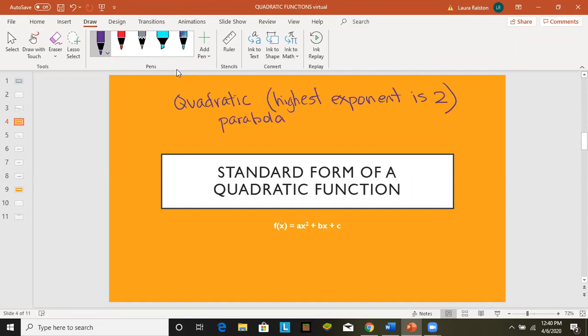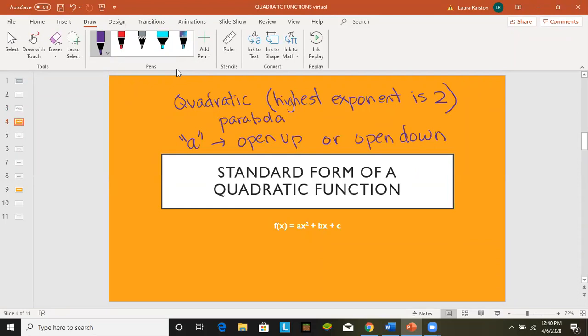And the second thing that I can tell you is based on a, I can tell you whether that parabola is going to open up or open down, because that value of whether it's positive or negative tells me whether or not it's going to open up or open down.